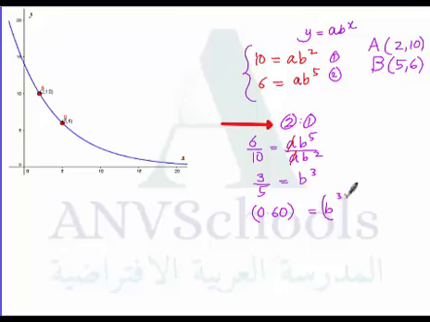We raise both sides by 1/3, and now we could cancel our 3 here. So our b now is equal to 0.60 raised to 1/3. That's our b.